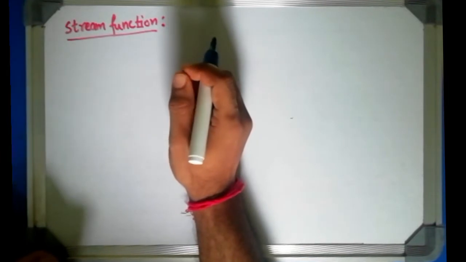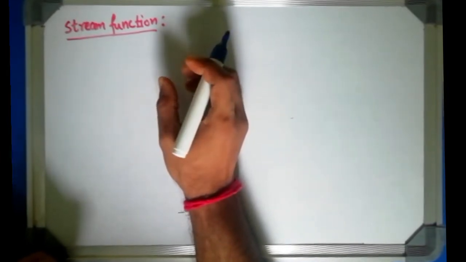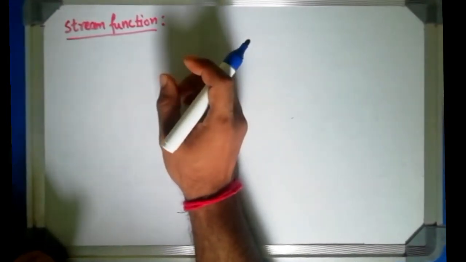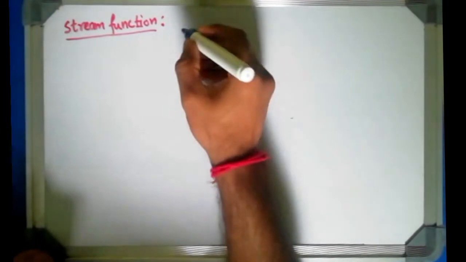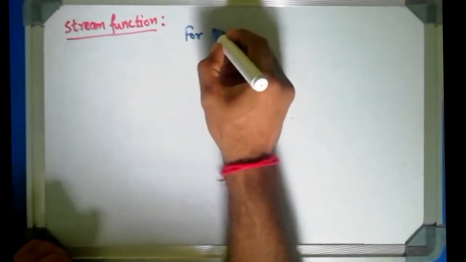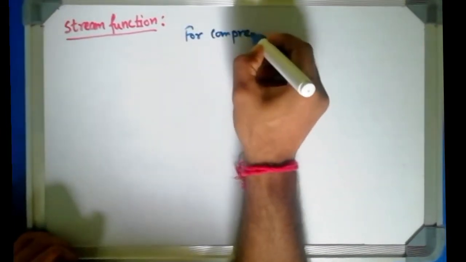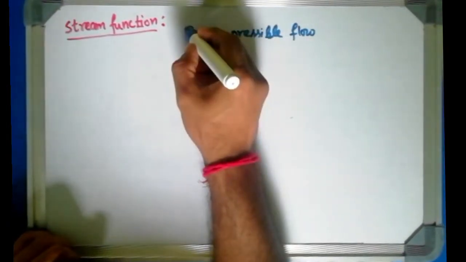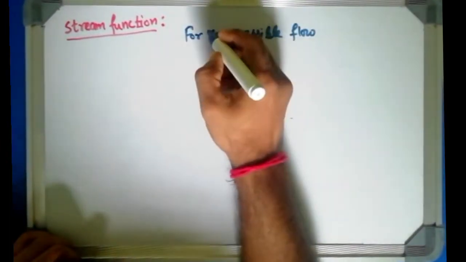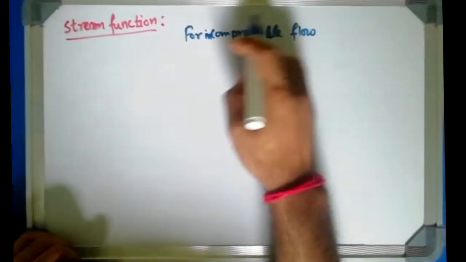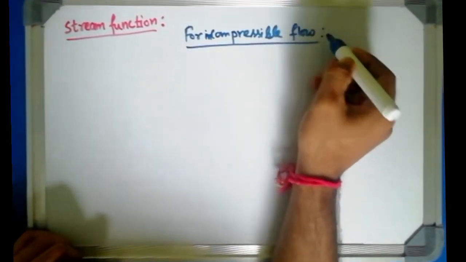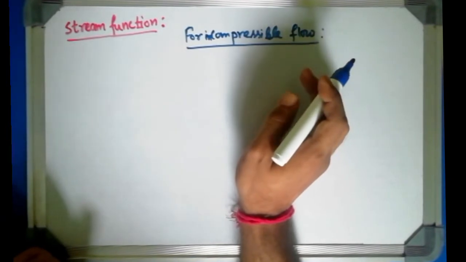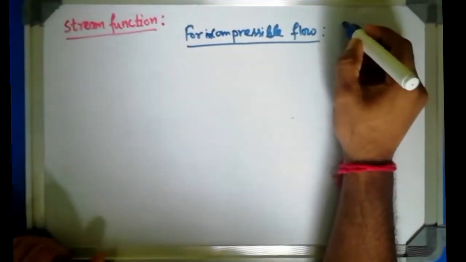If no viscosity is there and the density of the fluid is constant, then we can consider the fluid an ideal fluid. So for incompressible flow, that means the fluid density remains constant throughout the flow, and we are considering the flow a 2D flow.